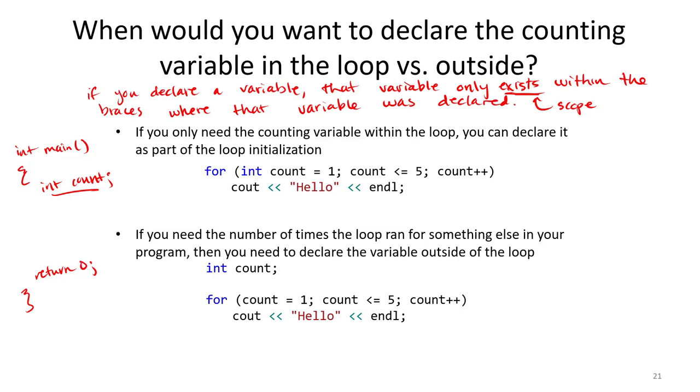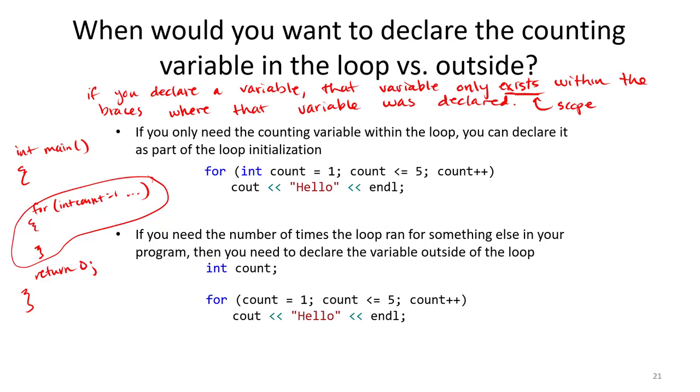However, if I declare count only within my for loop, then count will only exist within the braces of that for loop. So it does matter whether you declare the counting variable inside or outside the loop.